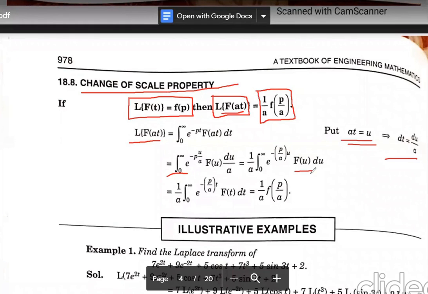If you change the variable of integrand, then the value of integration never changes.